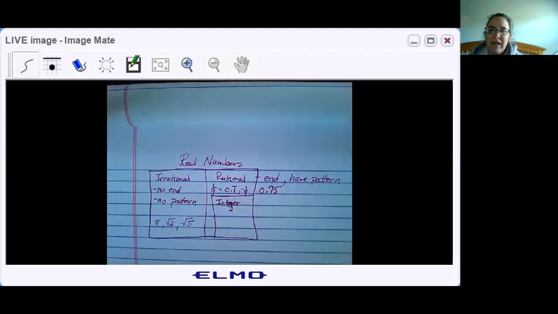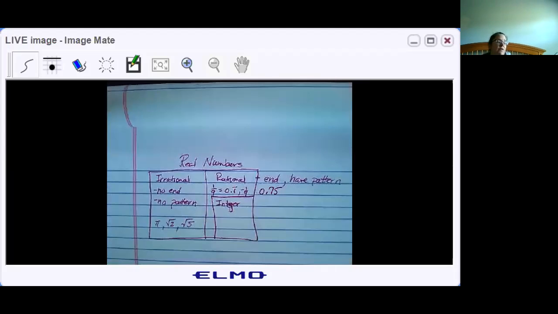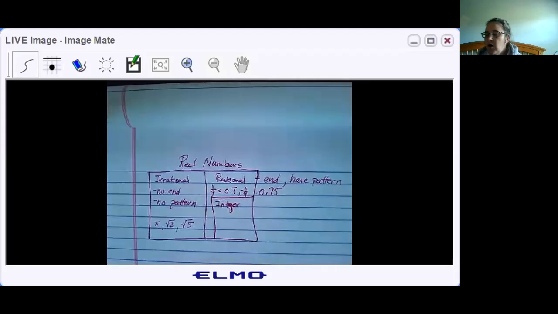But anyway, so integers, what makes an integer different from any old plain rational number? Well, integers are numbers that don't have decimals in them. They're like whole numbers, except it can include negative numbers and positive numbers.